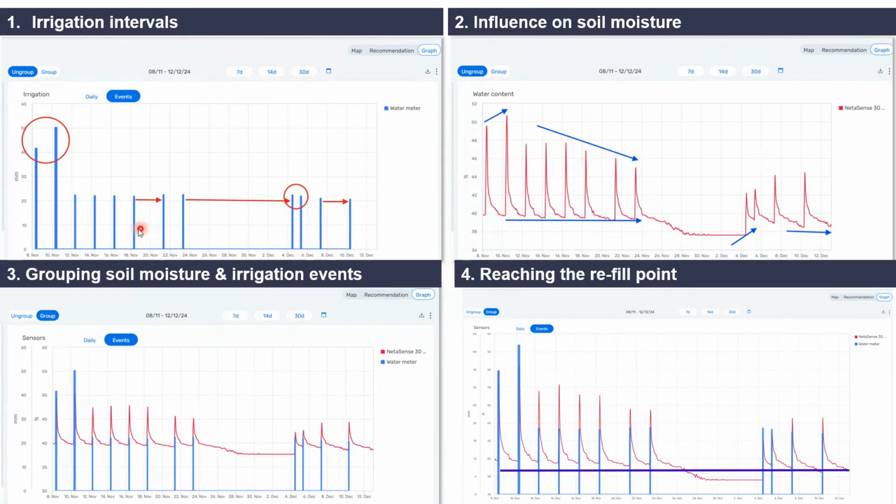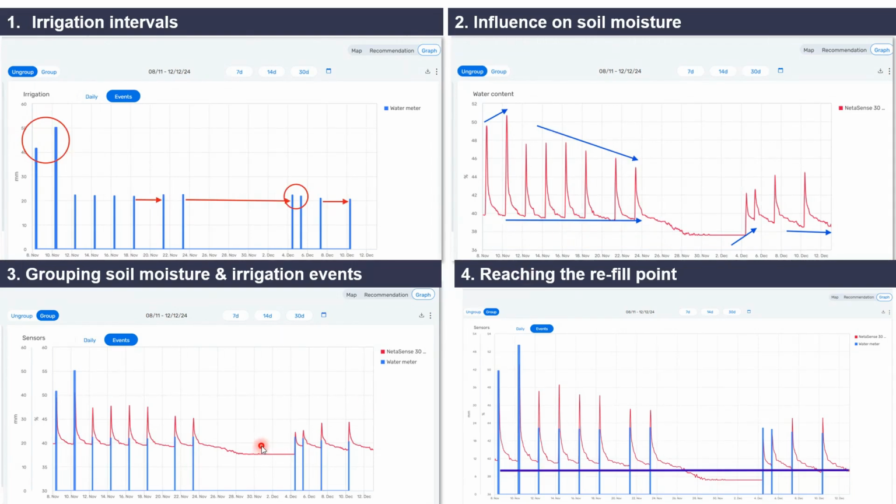Maybe it is because of the interval, maybe because of the weather. Here, obviously, because of the lack of irrigation, there was a big decrease. And once I irrigate again, in short intervals, I see that there is an increase in the soil moisture. So this is how we can actually track the graph.